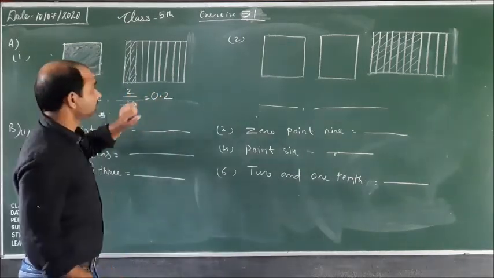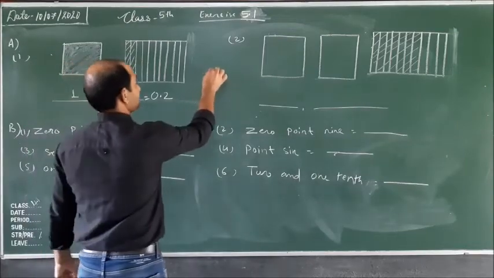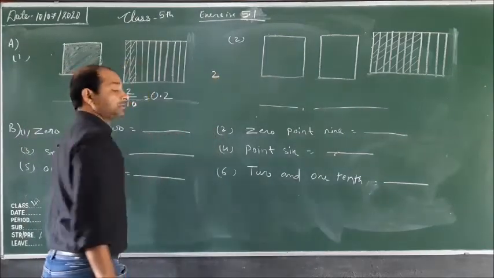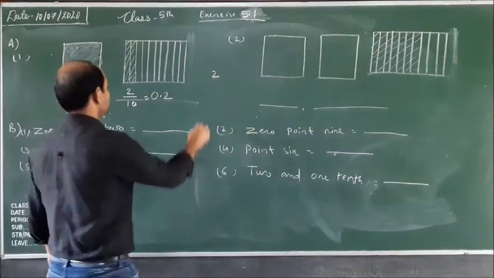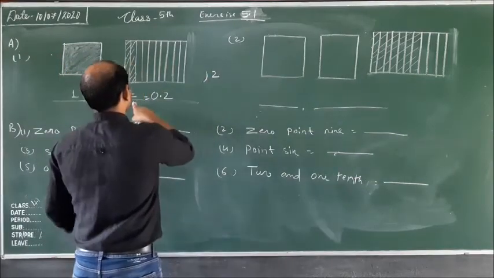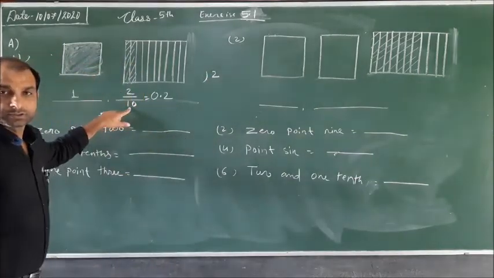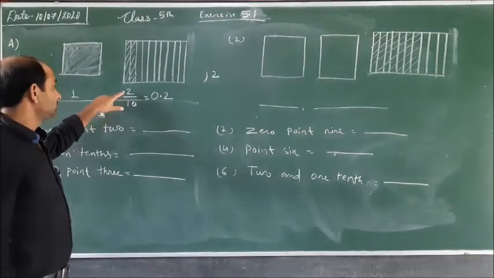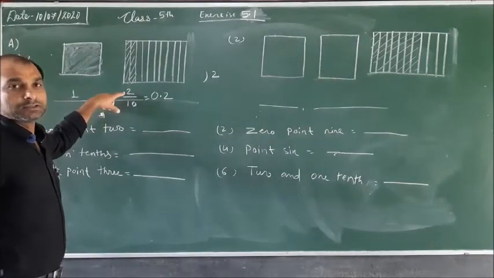How do we change it into a decimal? Look at this. We use the division method. 10 is your divisor and 2 is always your dividend.